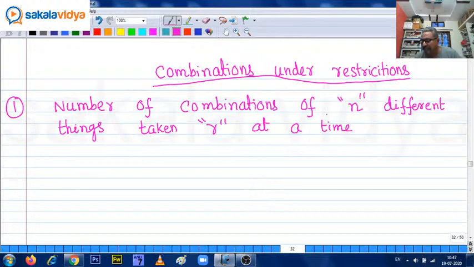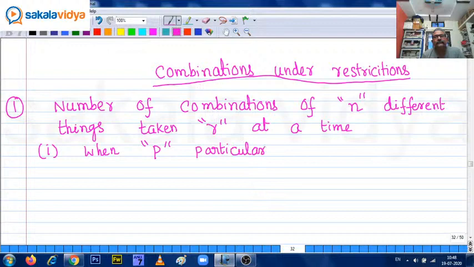Without restriction it is nCr, we know. But what is the first point to be discussed? When p particular things are always included, this is the restriction here.